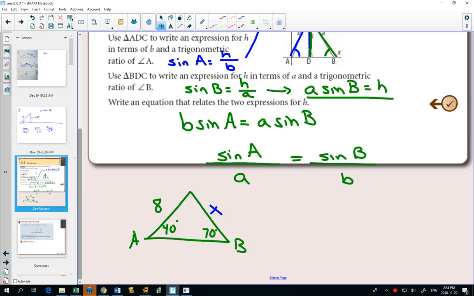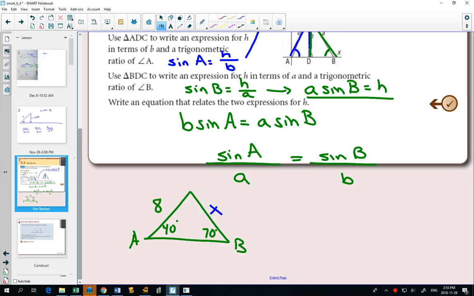You can't use SOHCAHTOA because it's not a 90-degree triangle. As soon as it's not a 90-degree triangle, you're not allowed to use SOHCAHTOA. You could cut it in half and add another line, but that would be doing more work.